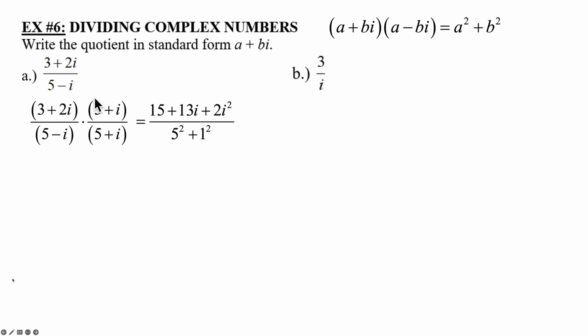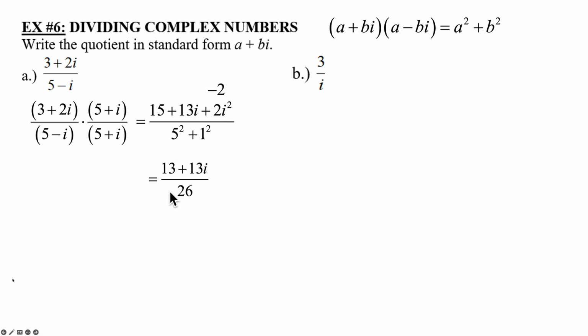I'll get a 3i plus a 10i, that's my plus 13i. 2i times i is 2i squared, and i squared becomes negative 1, which changes my sign to a negative 2. Combine like terms: 15 minus 2 is 13, plus 13i, all over 26.